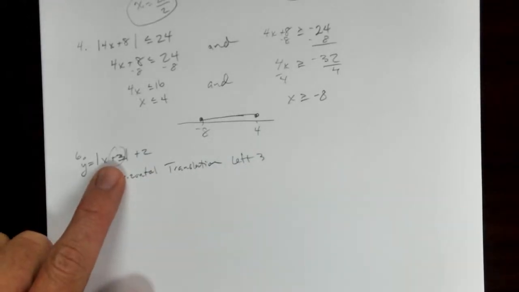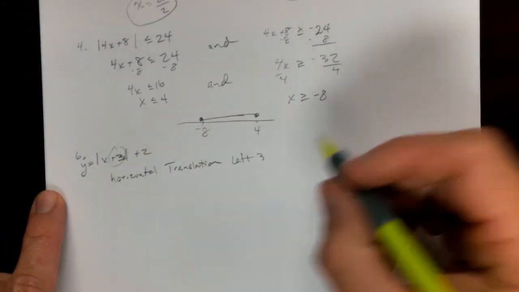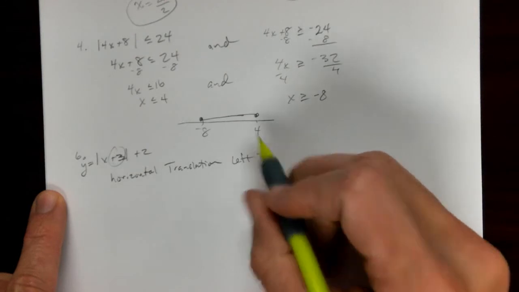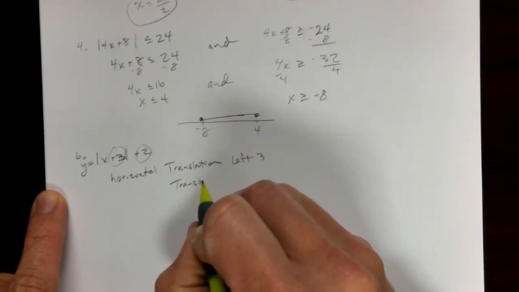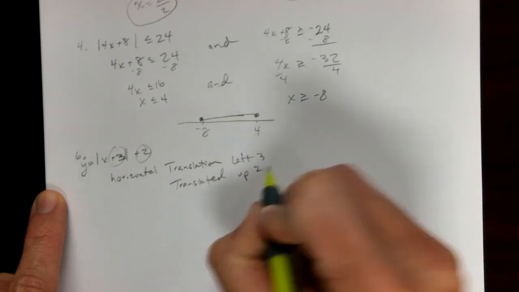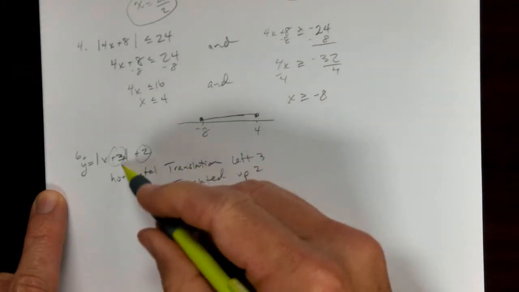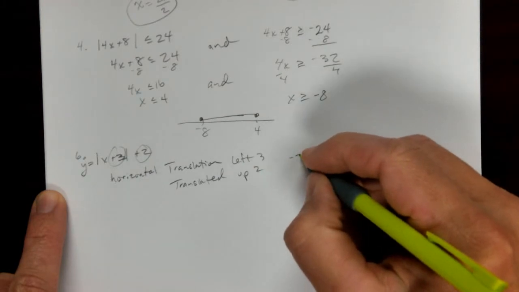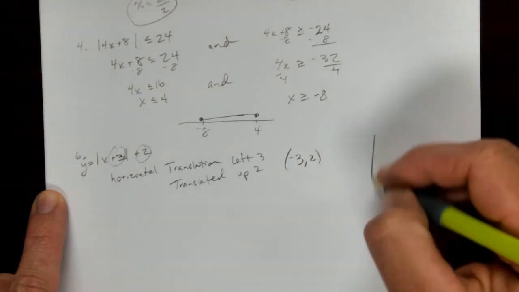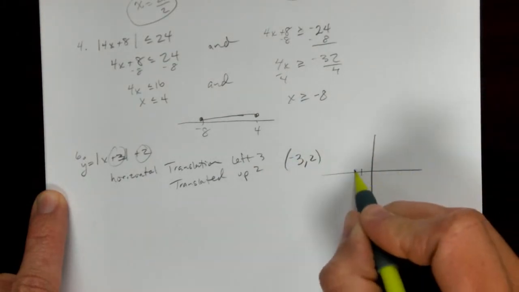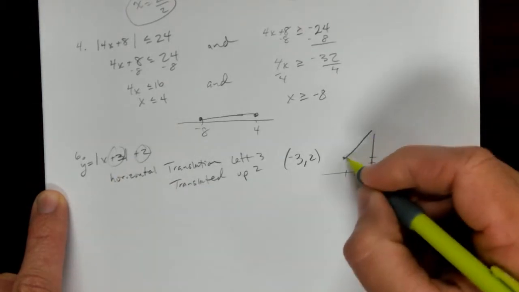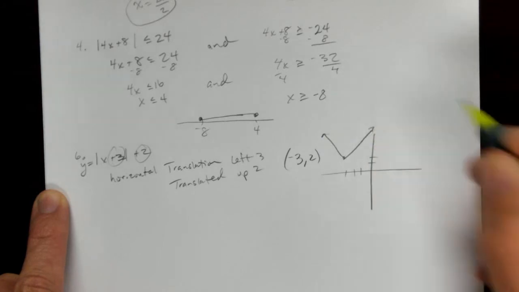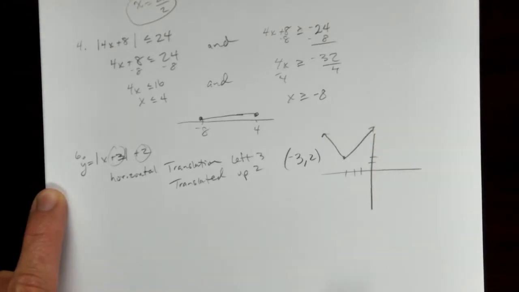That means we plugged in a negative to make that a positive 3, so it's a negative 3. So we shifted left 3 units, but we also translated up 2 units. So the vertex of my graph is negative 3, positive 2. We know it's a positive absolute value, so it would look like that.